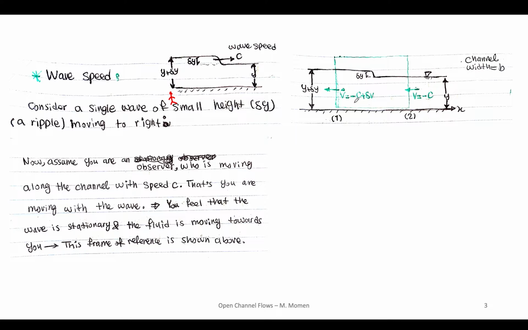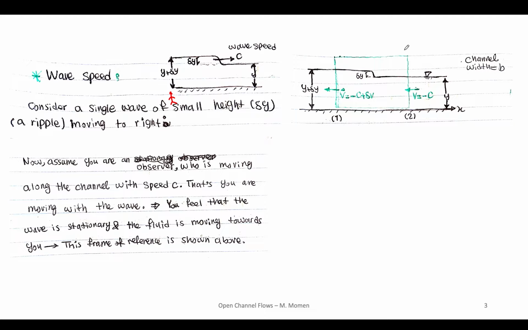And the reason there should be a difference in the velocity is to satisfy the continuity equation. You have the same velocity here, but you have different area, so your flow rate is not going to be the same. So there should be a difference in the velocity between section 1 and section 2. That is why I show it with delta v.